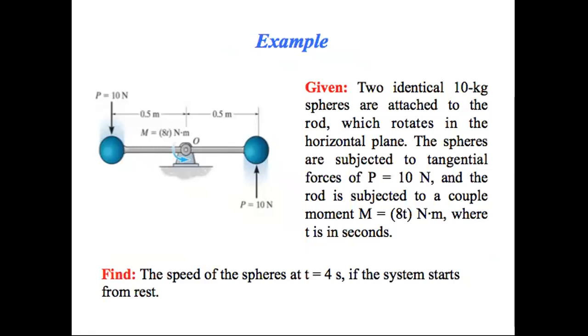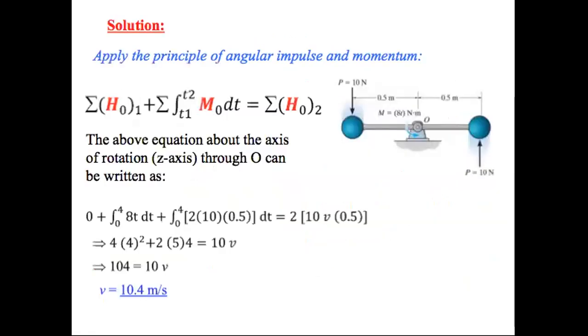The rotation happens in the horizontal plane, so we have to apply the principle of angular impulse and momentum about the axis of rotation, meaning the z-axis. The system starts from rest. Therefore, the angular momentum at the start point is 0. The rod is subjected to a couple moment M, so we have to integrate M with respect to time from time 0 to time 4.